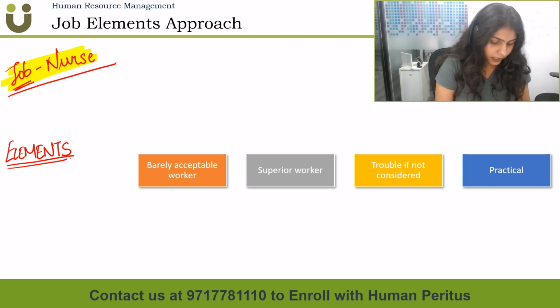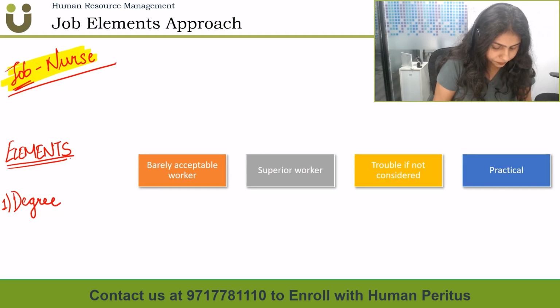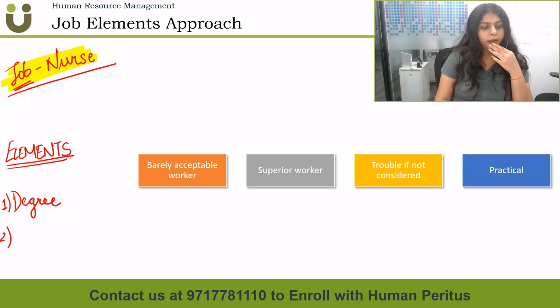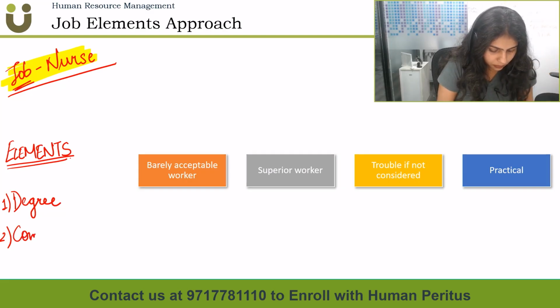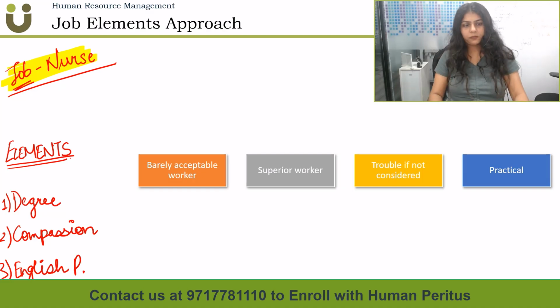Let's say my first element is a degree, and let me take my second element as compassion, and let's take one of the skills as English proficiency.